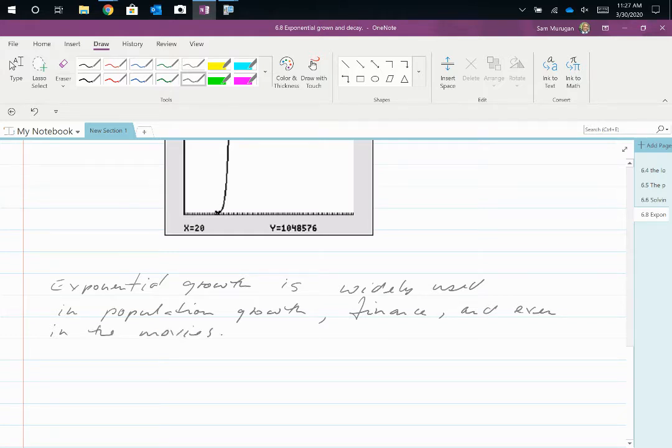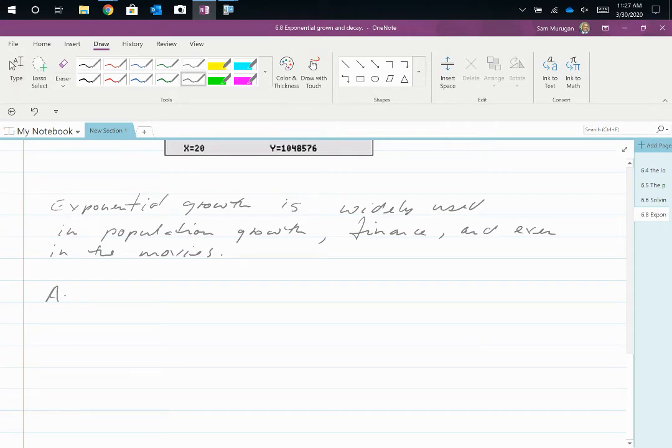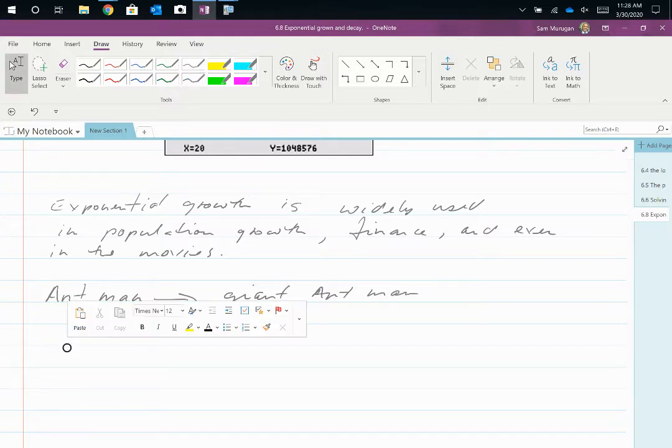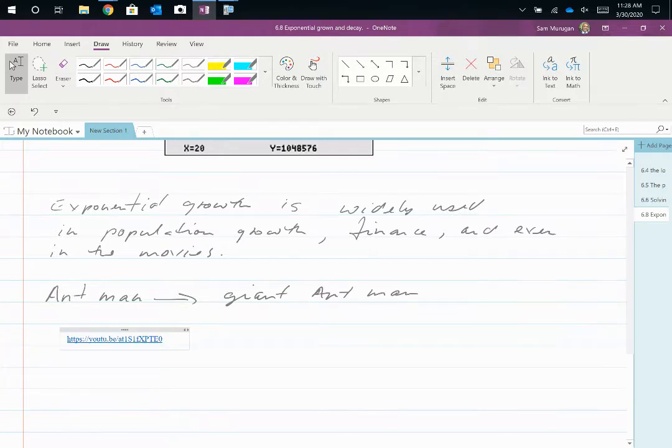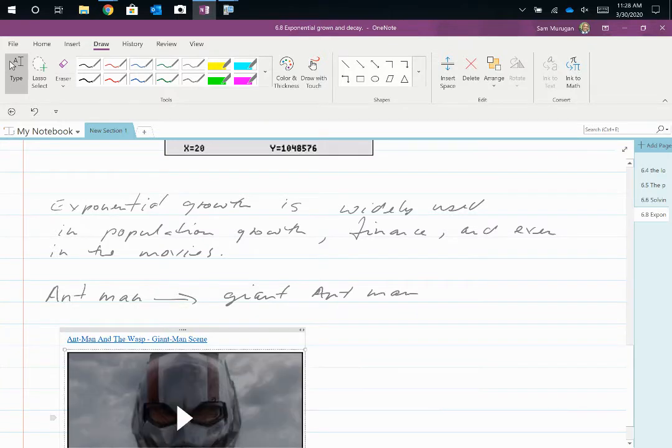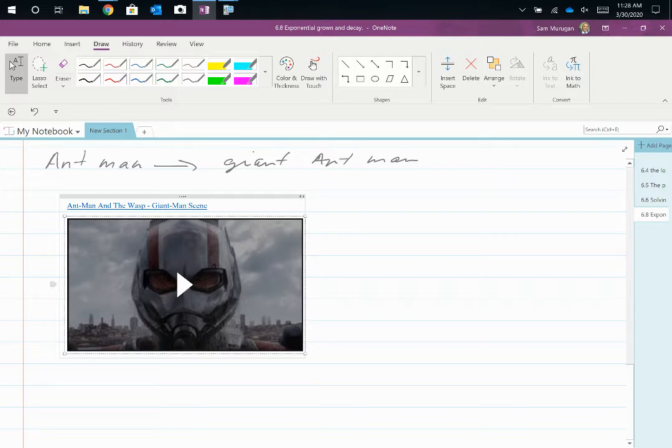If you can think about when Ant-Man became Giant Ant-Man, if you want to see the movie link, that's the YouTube link there, you can actually see Ant-Man changing to Giant Man.